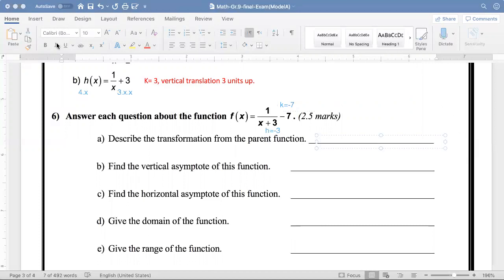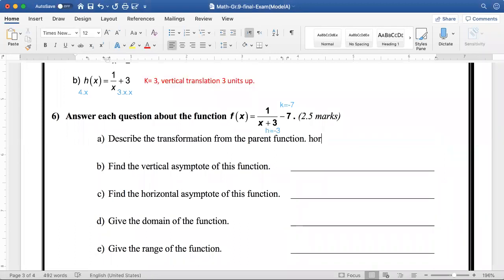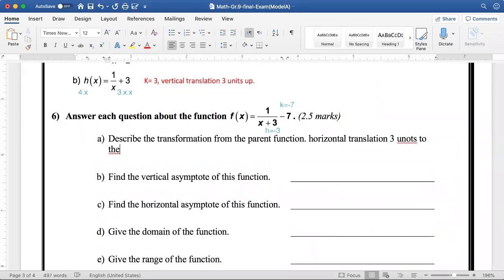So I'm going to write: horizontal translation 3 units to the left, because h has a negative sign, then vertical translation 7 units down.